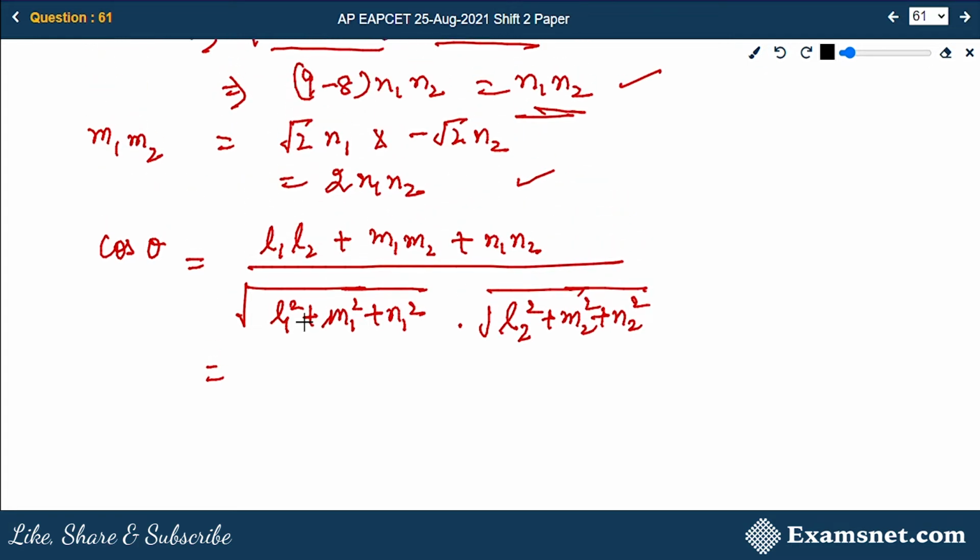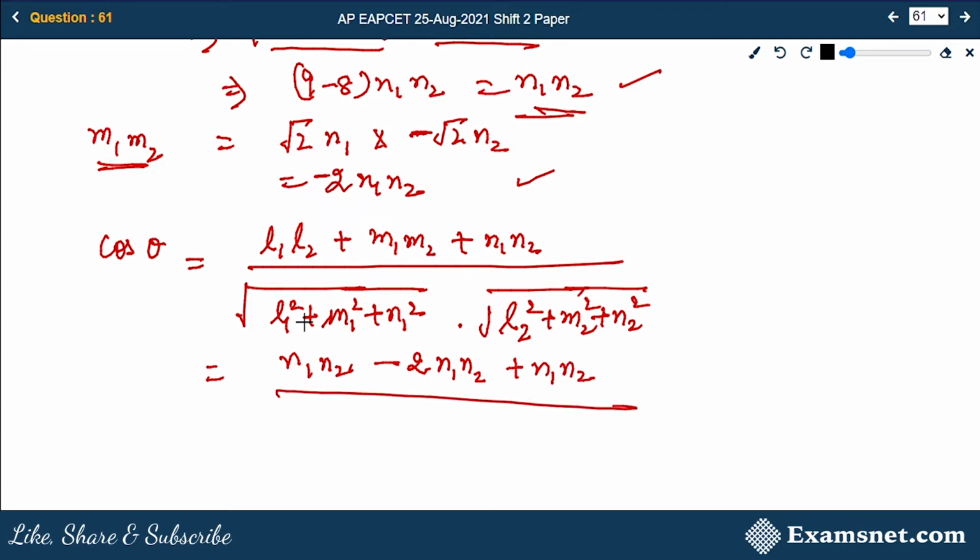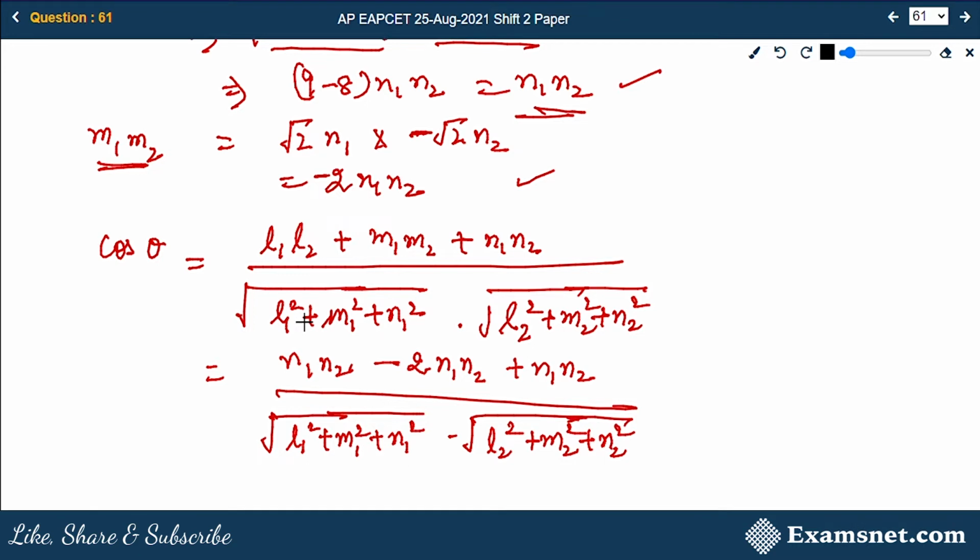So what we found out, l1 l2 was equal to n1 n2, right? m1 into m2 is minus 2 n1 n2, there is minus sign involved, so this one minus 2 n1 n2 plus n1 n2, and I will not touch the denominator. See, they cancel, so this is nothing but equal to 0.